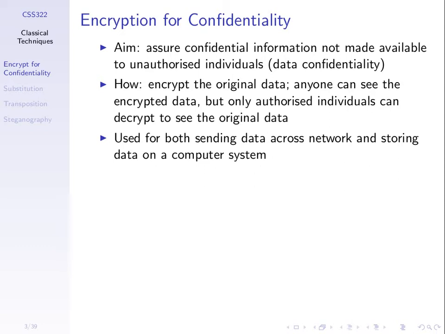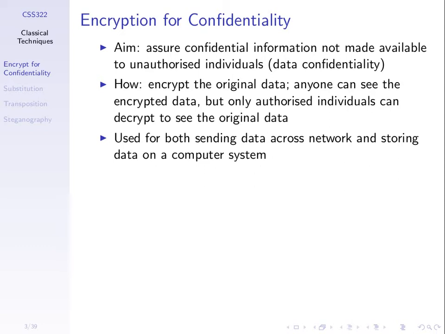So I take my original message, encrypt it, send it. Someone can intercept and see the encrypted message, but they shouldn't be able to see the original message. Only the person that data is intended for should be able to receive and see the original message.